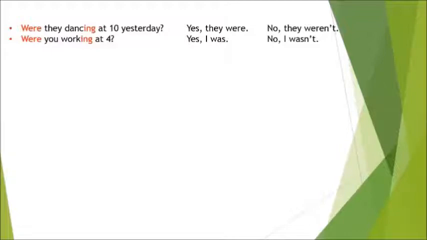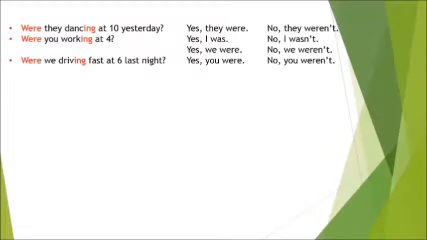Let's ask the same question from you and your friends. Were you working at 4? Yes, we were. No, we weren't. Next one. Were we driving fast at 6 last night? Yes, you were. No, you weren't.